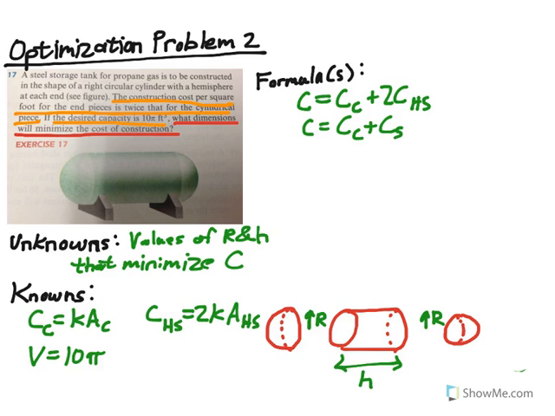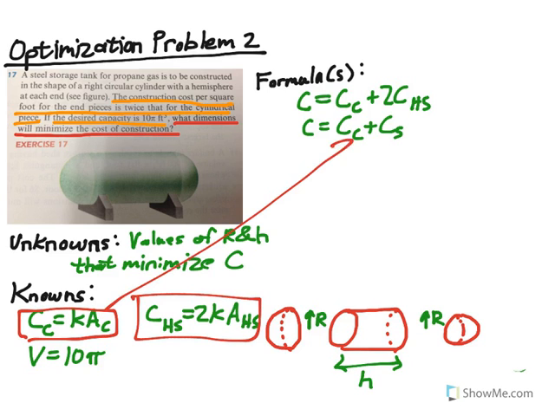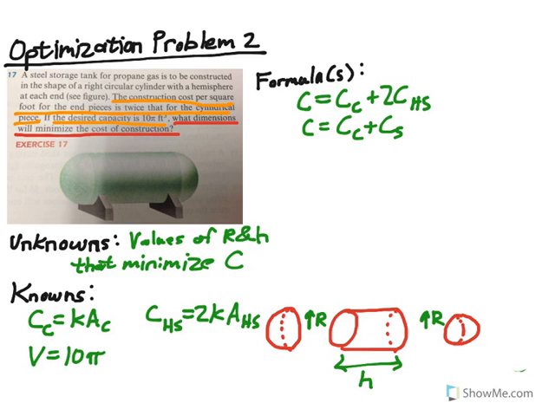And if we substitute these equations into there and there, then you will end up with the cost is equal to K times the area of the cylinder plus 2 times K times the area of a sphere, or if you want, you could say 4 times K times the area of a hemisphere.